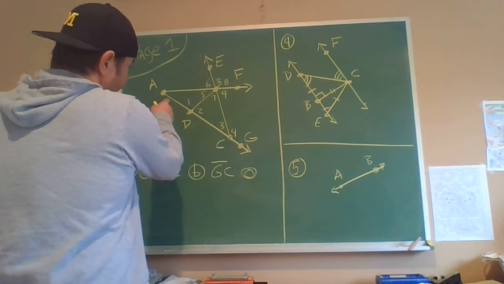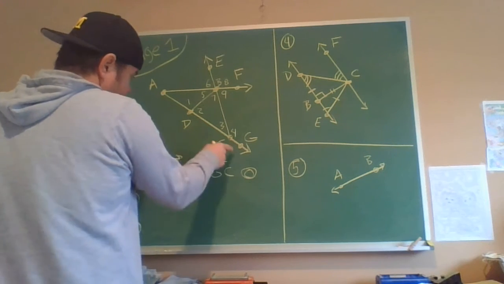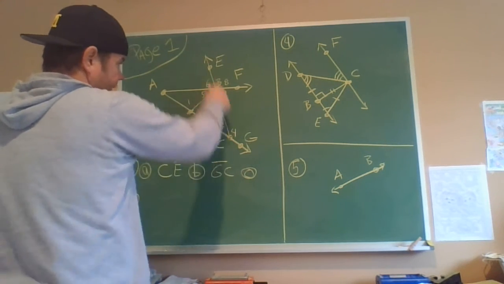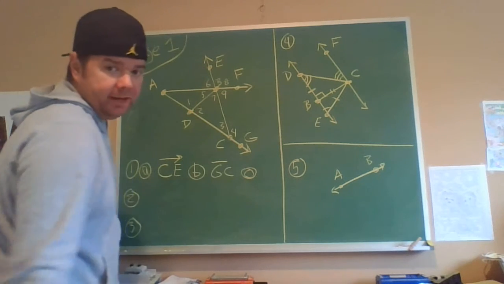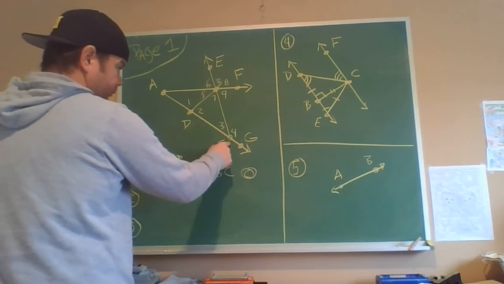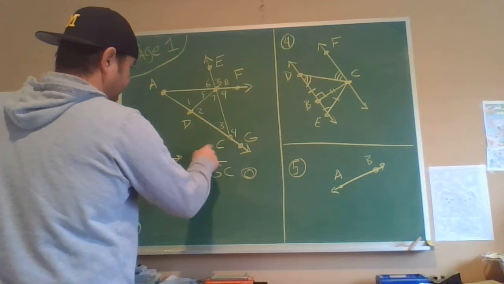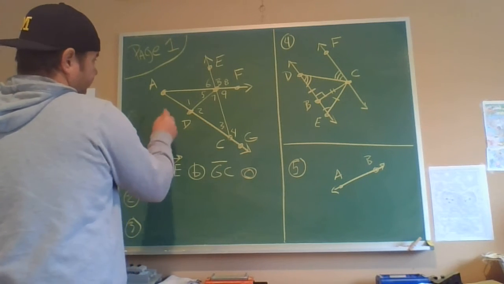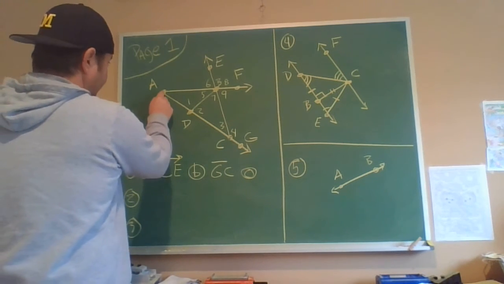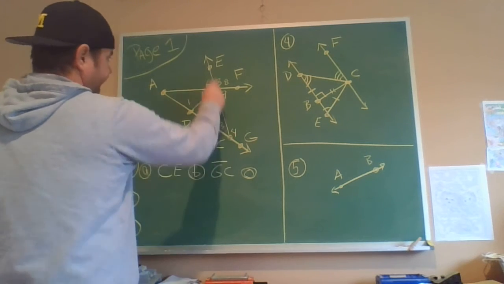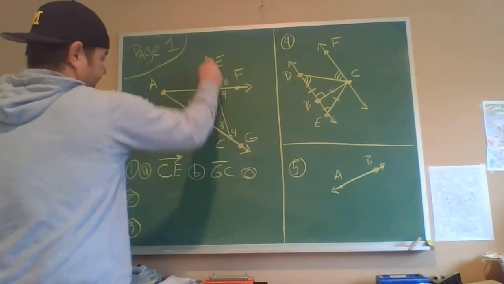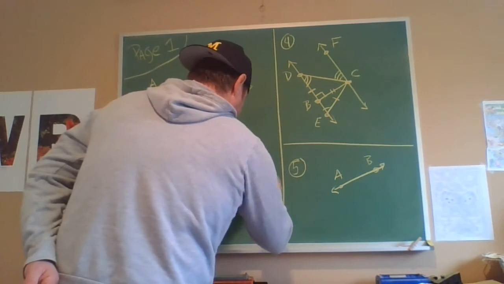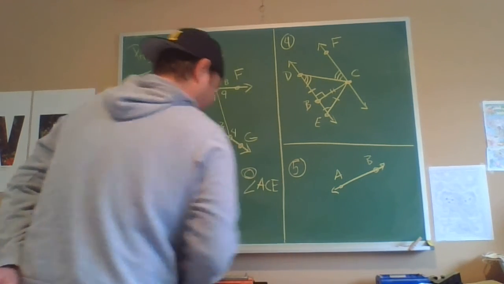Any 3 points that I name that are included on the 2 rays that make this angle will be fine, as long as point C is in the middle, as long as point C is the vertex. So I could go all the way to the ends and say, how about A, C, E? That's another name for angle 3. So angle A, C, E.